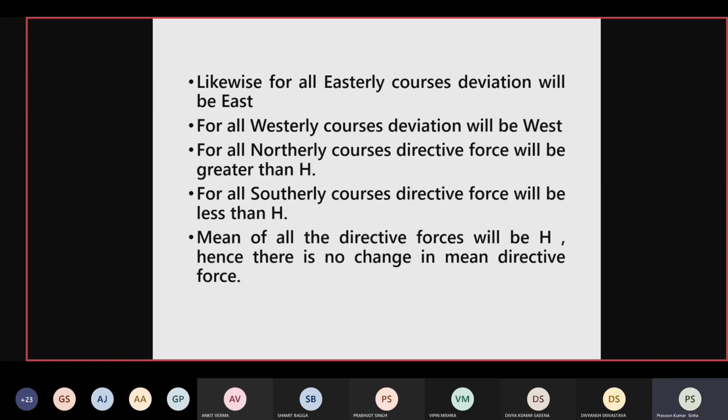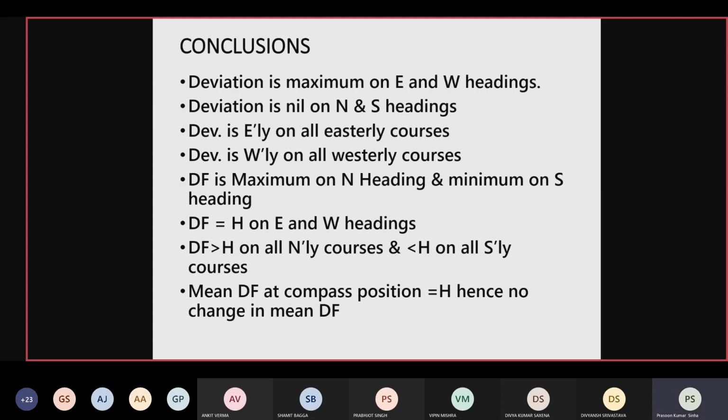So we'll leave that and jump across to conclusions. Let us see. जो हमने पढ़ाई किया था अभी, जो आया था on 8 headings, the cardinal headings and intercardinal headings, north, east, south, west, and northeast, southeast, northwest, southwest, इन सारे courses पे जो देखा था.